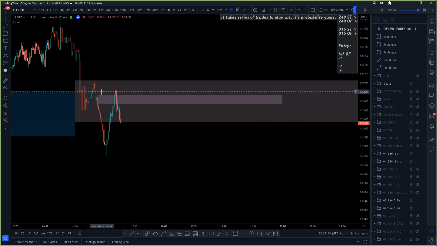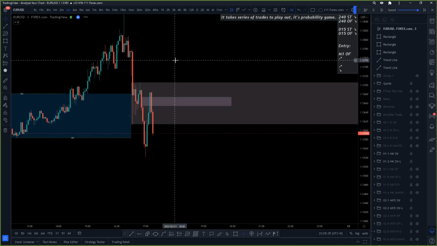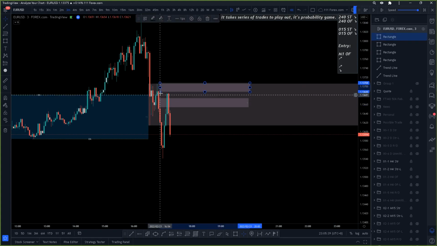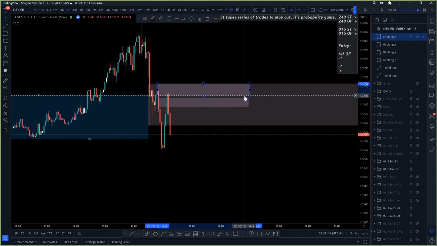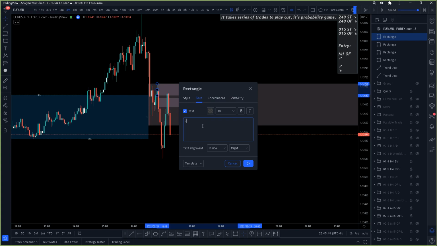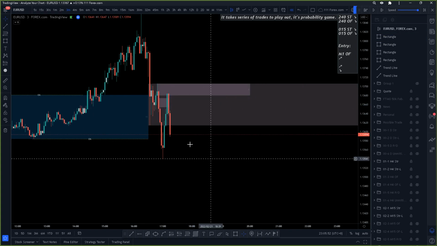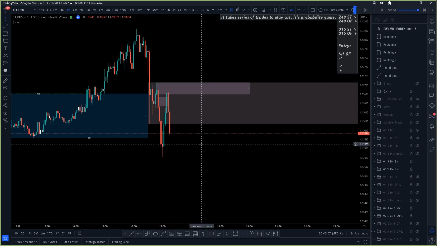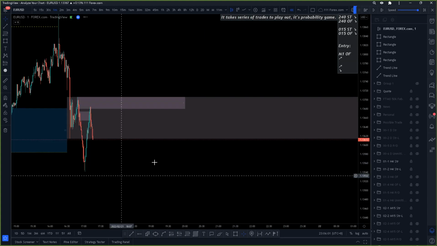So is extreme. Let's break some structure. The extreme one. Break some structure and react to let.